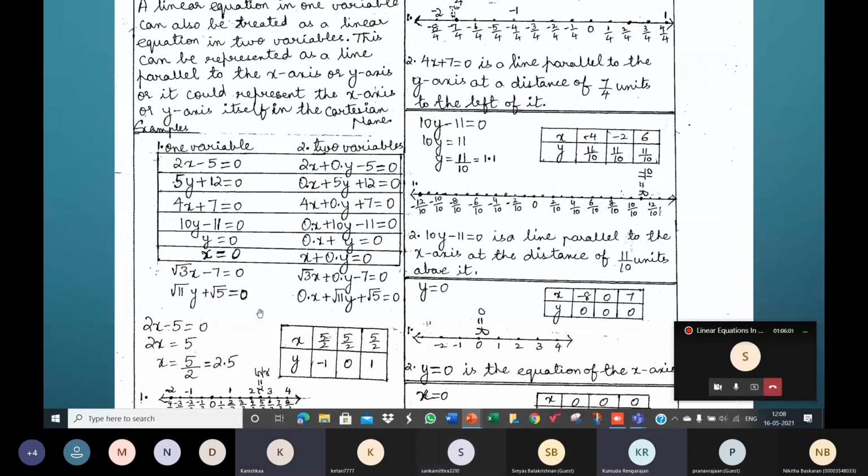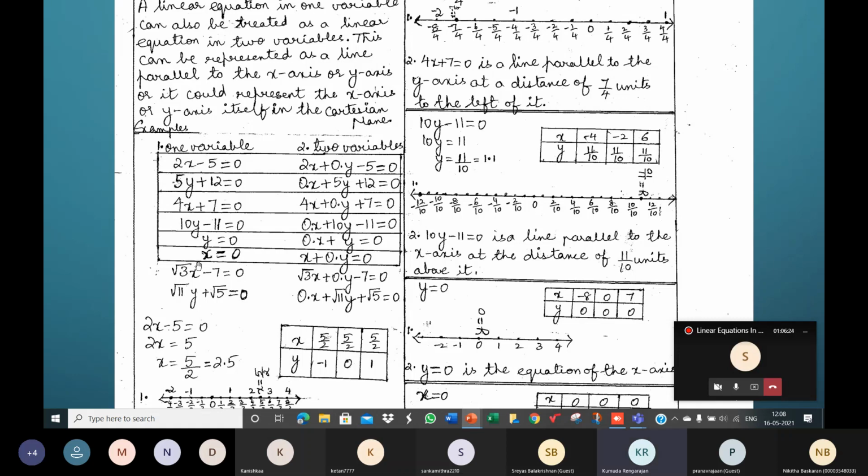Root 5. Yeah. Please compare with ax plus b is equal to 0 or ay plus b is equal to 0. Change it according to the variable involved.